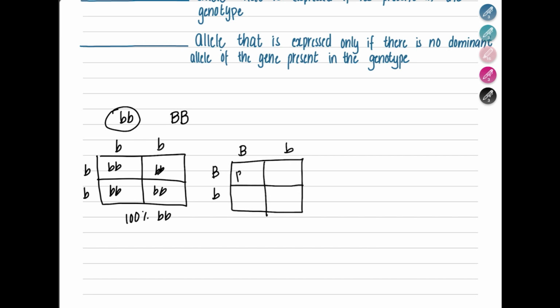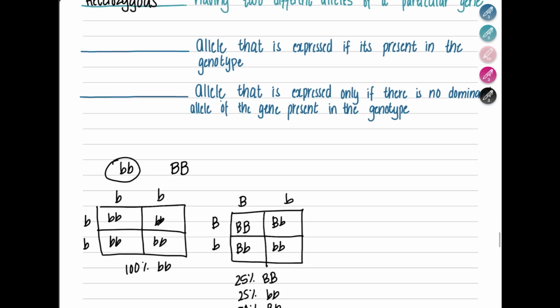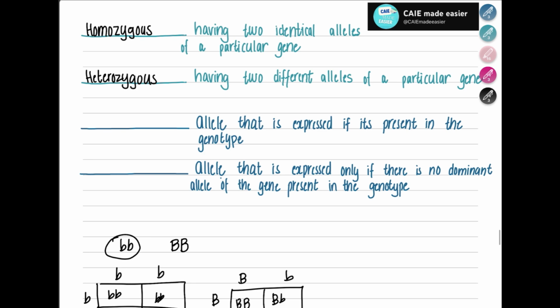This is going to be capital as well as small here as well. So this is 25% capital B's, 25% small b. These are recessive, capital is dominant, and 50% mixed. So this is not pure breeding. Heterozygous individuals' offspring are not purebred.